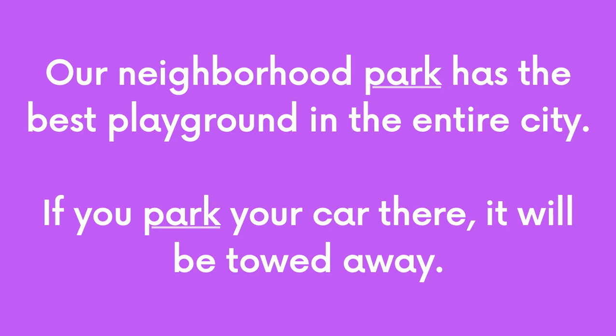We're talking about a physical place that you can go to. So this is a noun, some place where you can exercise or just relax. At many parks, there are playgrounds. Maybe it's a dog park where you would take your dog to play. But we're talking about that open space of land that is used by individuals or groups to maybe get some fresh air or just have some fun outdoors.